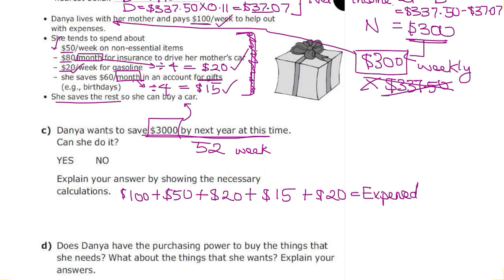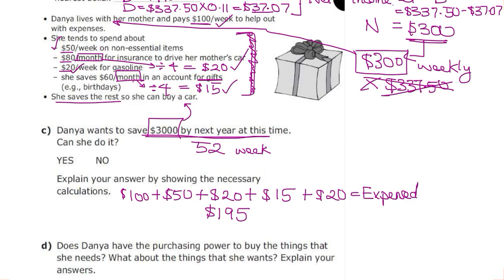So if you add all these numbers together, what that gives us is around 100 plus 50 plus these are 70. This is 9. Okay, this is $195.